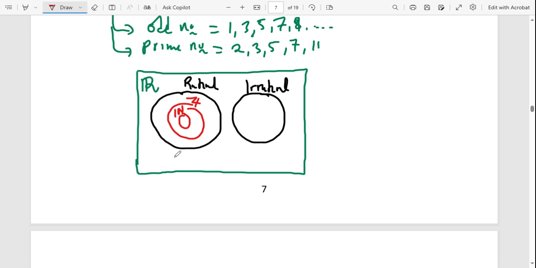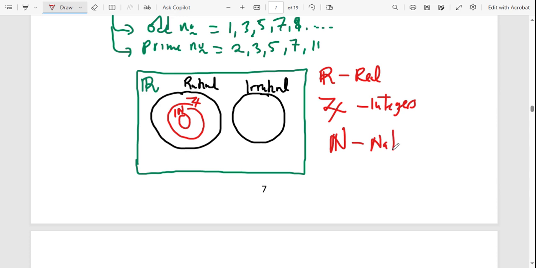Okay, so this is the Venn diagram. I'll just write like this. This is for real numbers, and then this is for integers, and then this one is for natural numbers.